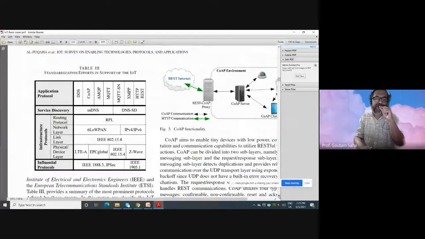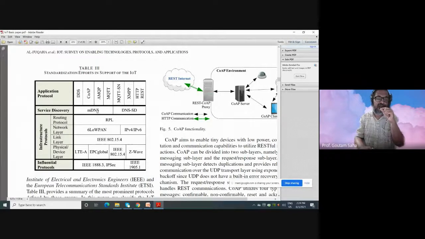Yeah, see here, this is table 3: application protocols in the application layer. CoAP, I use. MQTT also you use; MQTT-SN also we have used. And REST also we have used. DDS and others we have not used, but these I have always used. For service discovery, mDNS-SD is not required for us in the benchtop model.